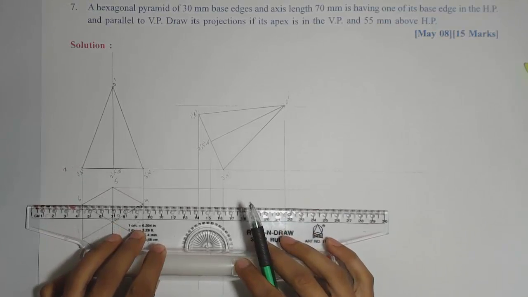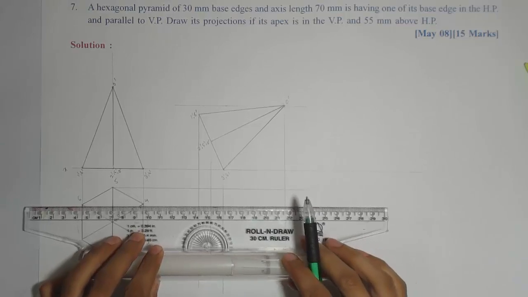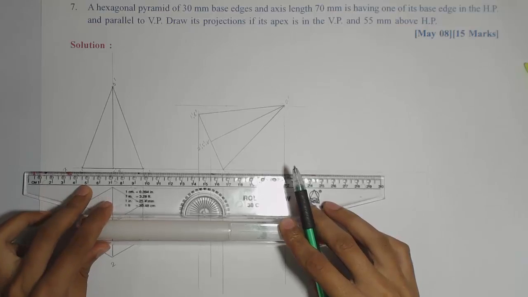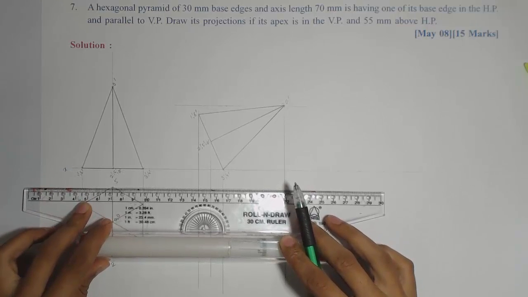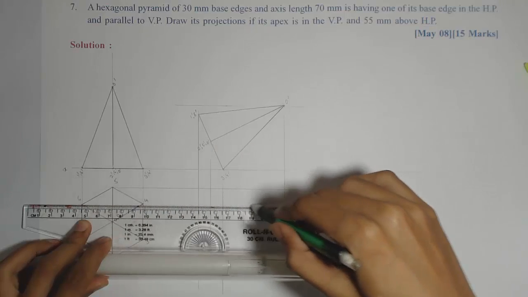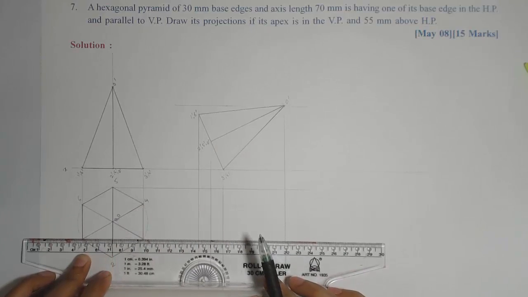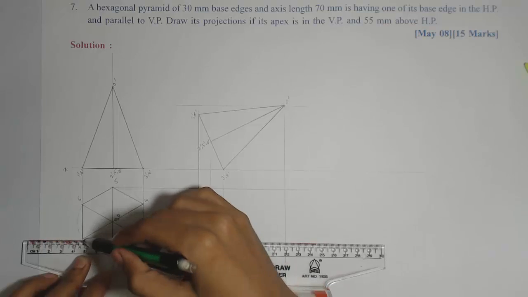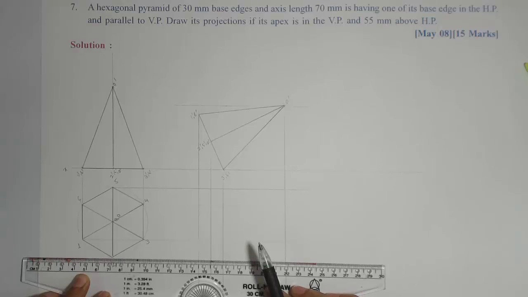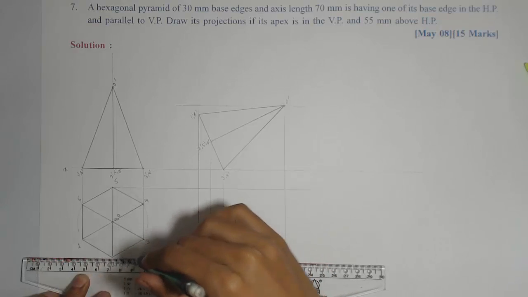Again, now the projectors from 1 and 4 and 6 will coincide. Some error is there, but still they will coincide. Then 1 and 3 again will coincide, and then at the end 2.